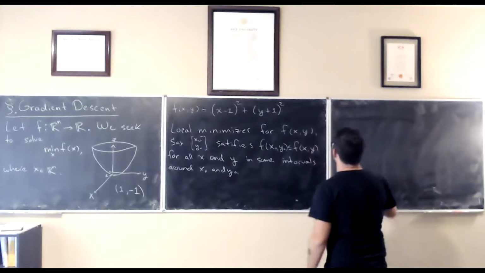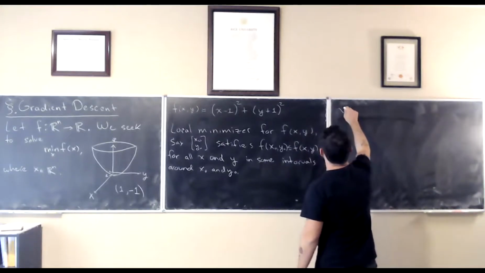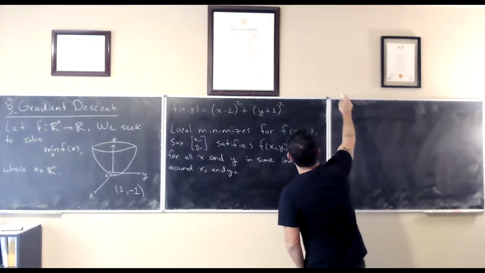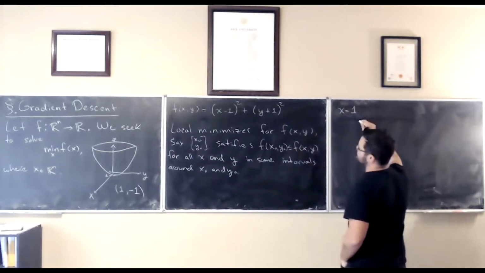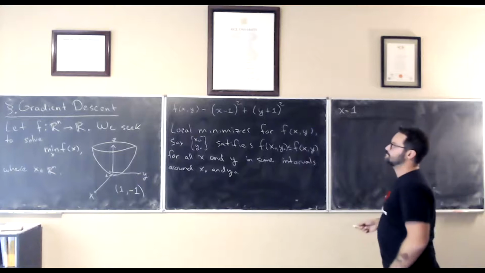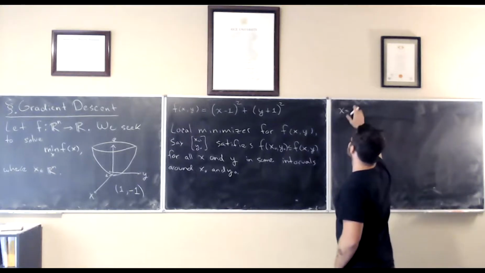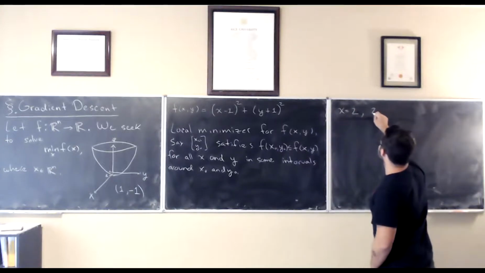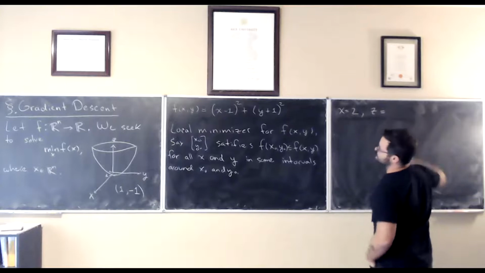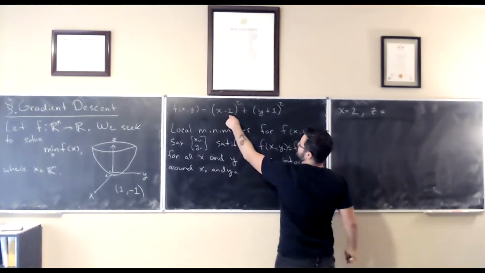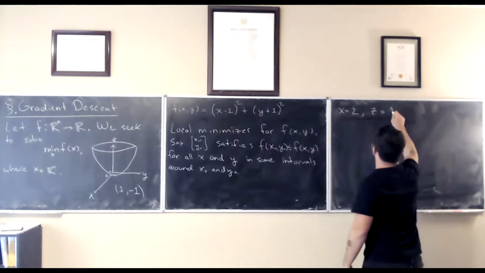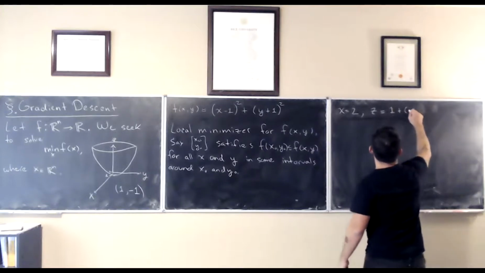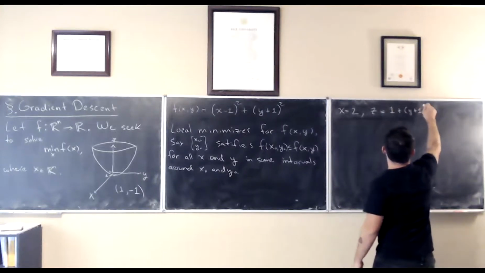So for example, let's say when x is equal to 2, then z is going to be equal to 2 minus 1, which is 1, plus y plus 1 squared, right?